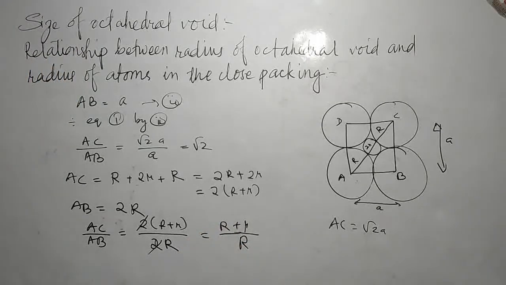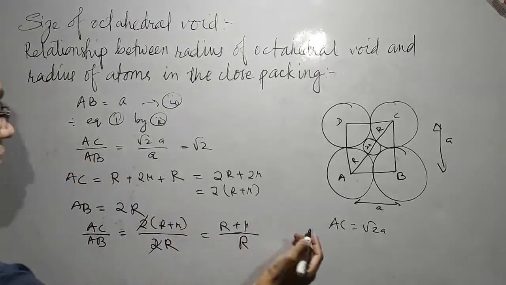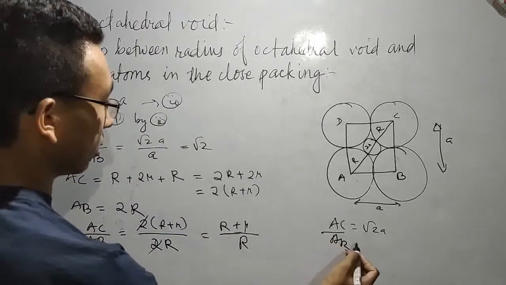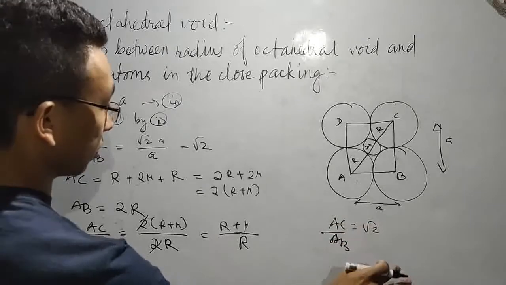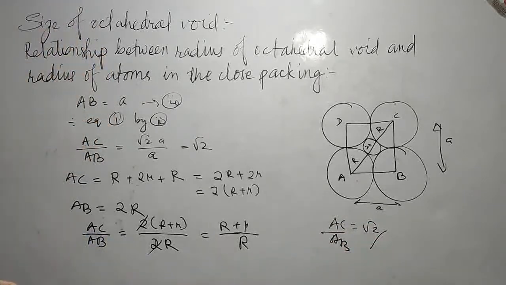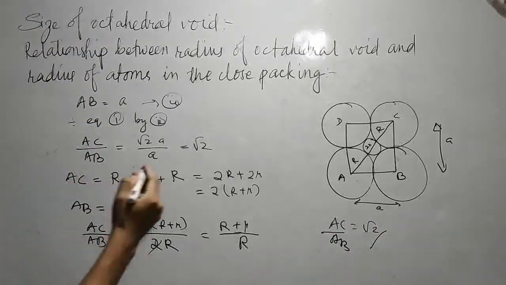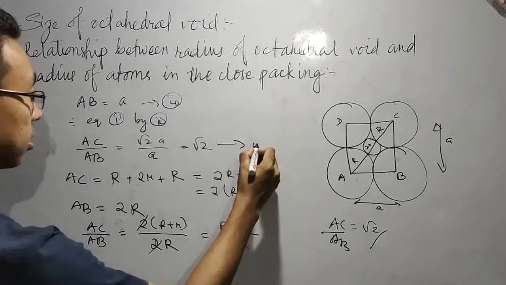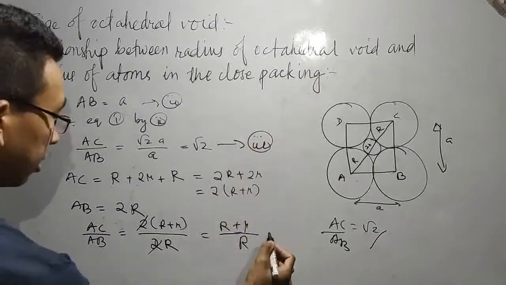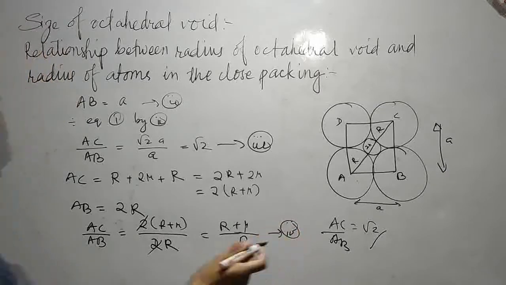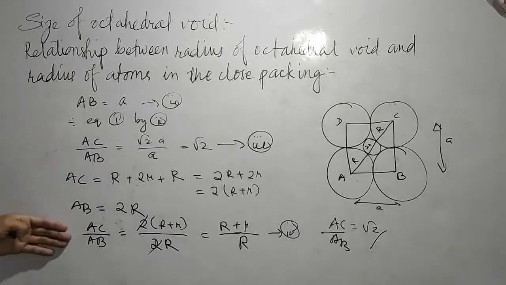Now let me just write down here. AC by AB is root 2. Say this is equation 3 and this one is equation 4. Comparing equation 3 and 4, we find that the left hand side is the same.